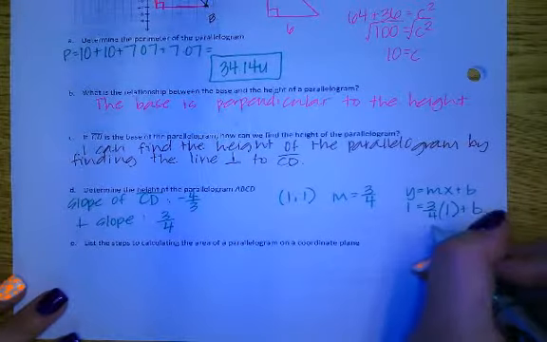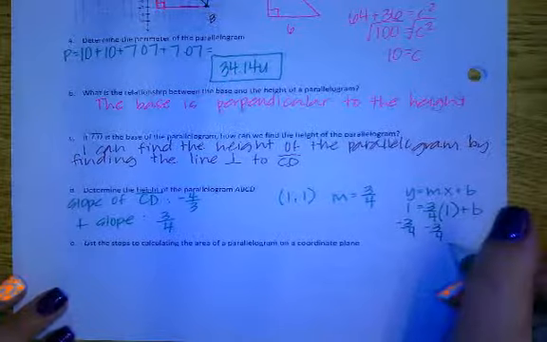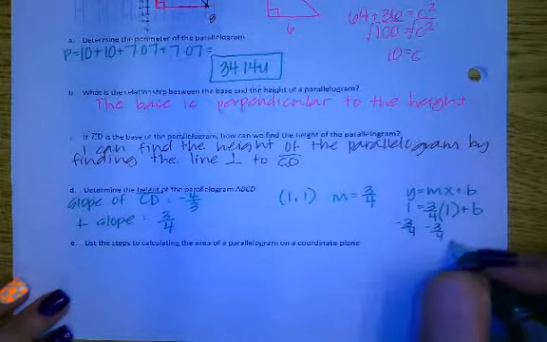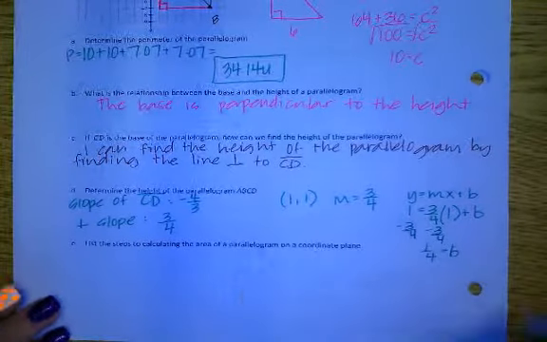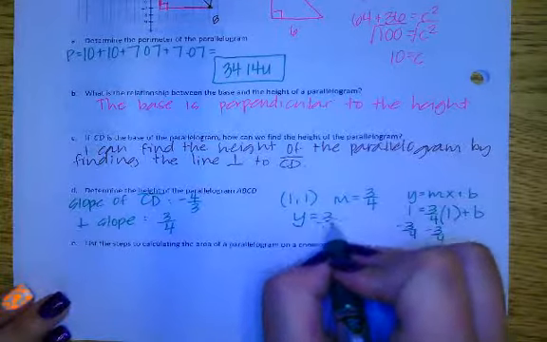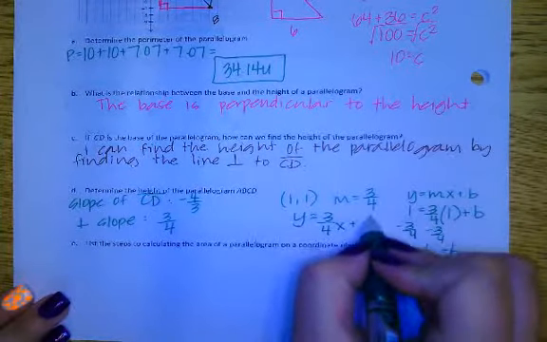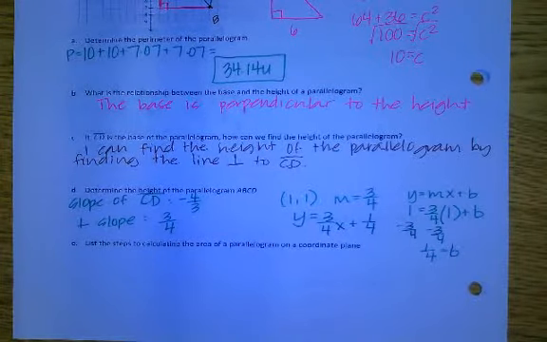I need to subtract 3/4 from both sides. What happens when I subtract 3/4 from 1? 1/4. Okay, so my equation of my line is y equals 3/4 x plus 1/4. That would represent my height.